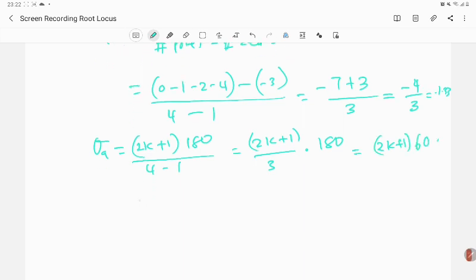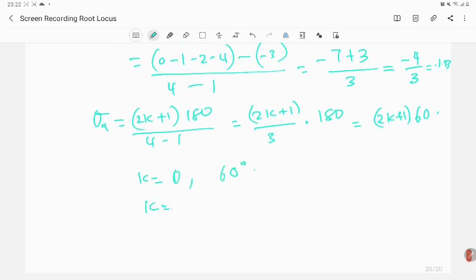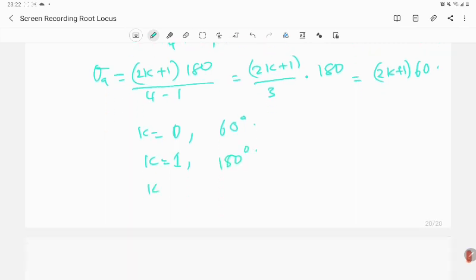Okay, so when K equals 0, our angle is 60 degrees. When K equals 1, our angle is going to be 60 times 3, 180 degrees. And when K is equal to 2, our angle will be 60 times 5, okay, which is 300 degrees.